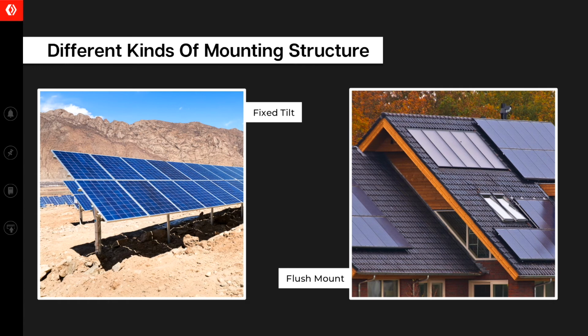As far as cost is concerned, flush mount structures are the cheapest as they use very less amount of structure material. The only disadvantage of flush mount structure is that you may not always be facing the optimum azimuth. Your structure or your panels need to face the direction of your roof surface, and hence it may not always be an optimum azimuth.